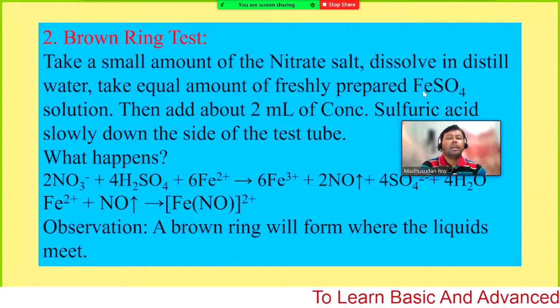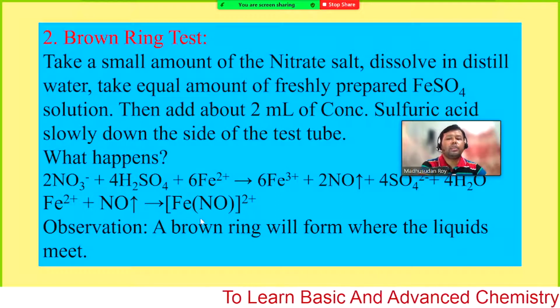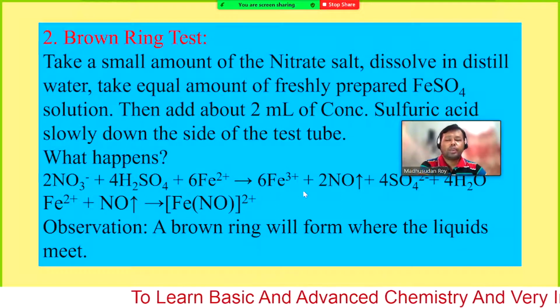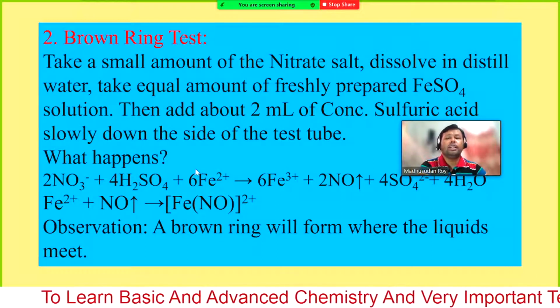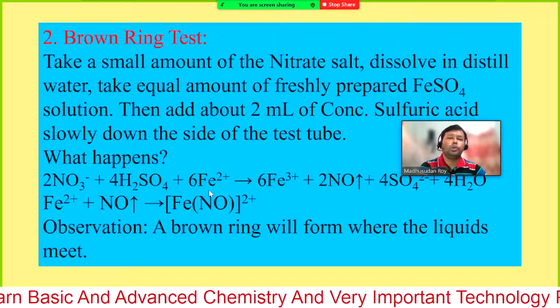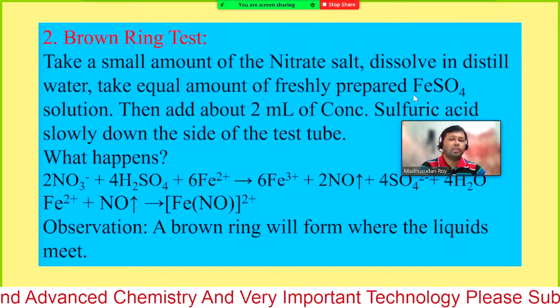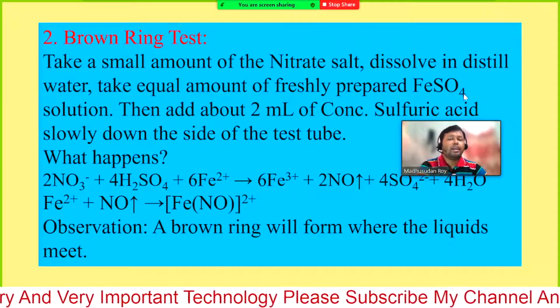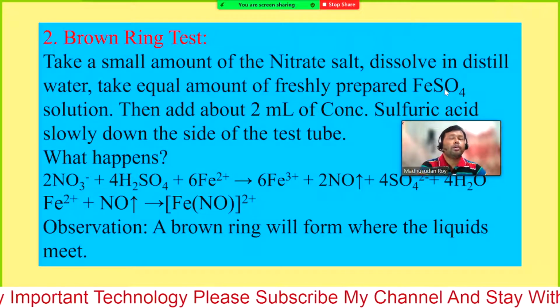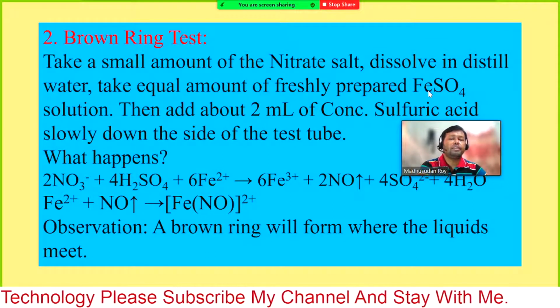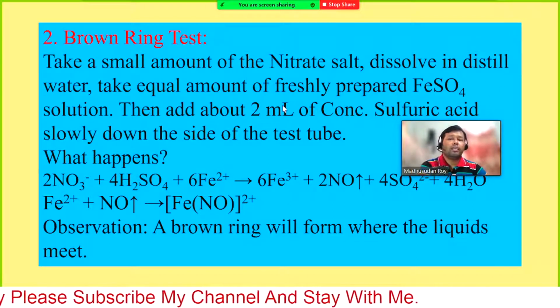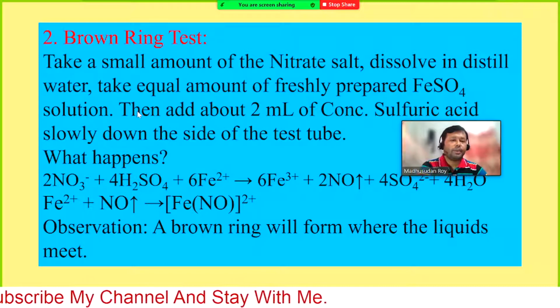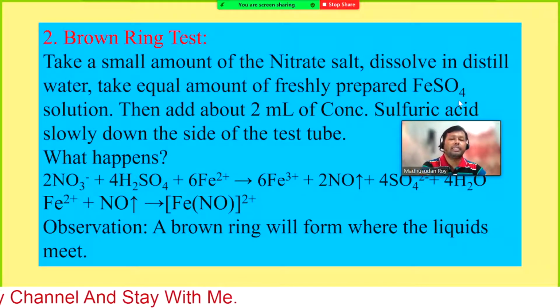Therefore, you will not get this test, because to perform this ring test you need to have Fe2+ in your sample. So if you use freshly prepared iron 2 sulfate, then you can have the confirmation, or you can have the ring test.